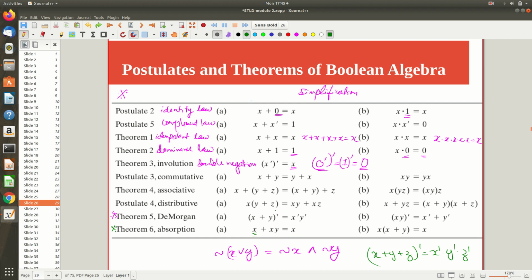Here this x is absorbing y also. The presence of x is dominating, something like that. This x is absorbing the entire expression, and it is reduced in this same way. The plus converted to dot and the dot converted to plus, same thing will happen.